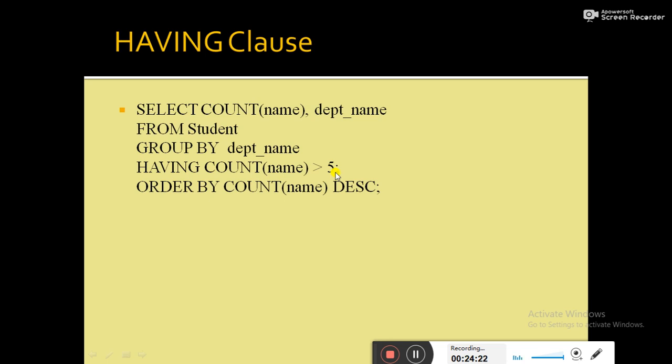Now for only those selected groups we apply the count name, counting the name against each department. And then after selecting, we print the result in descending order of their number of students. So the order by clause is used. So order by count name DESC for descending order.